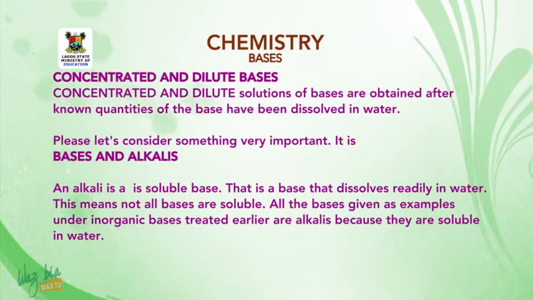An alkali is a soluble base, that is, a base that dissolves readily in water. This means not all bases are soluble. All the bases given as examples under inorganic bases treated earlier are alkalis because they are soluble in water.